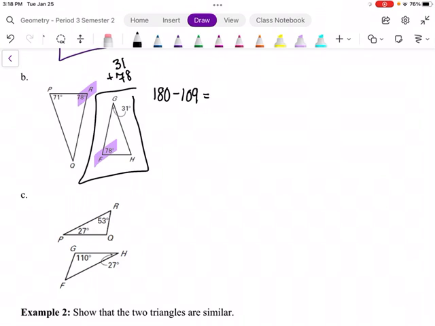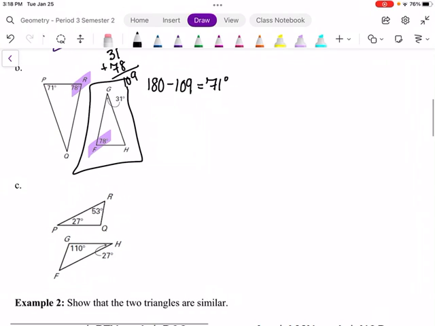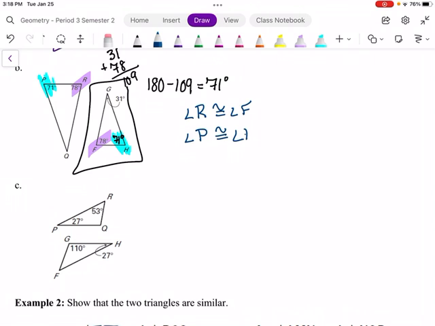So I'm just subtracting them both at the same time. And by doing that, we know that the missing angle is 71 degrees. Once I find that, I know angle P and angle H are equal. So right now we have angle R is congruent to angle F, and angle P is congruent to angle H. So that gives us our two angles. We can say they are similar by angle, angle.